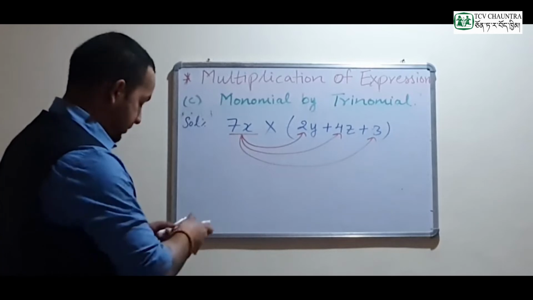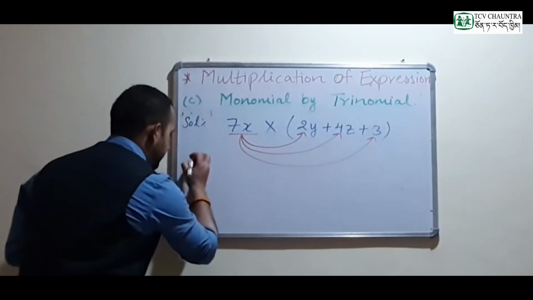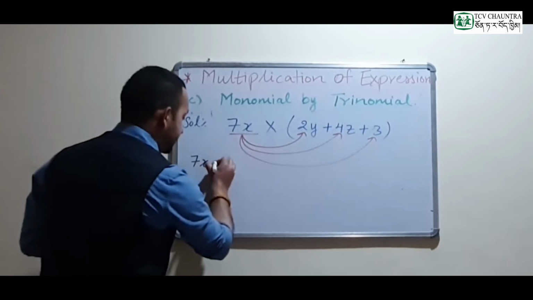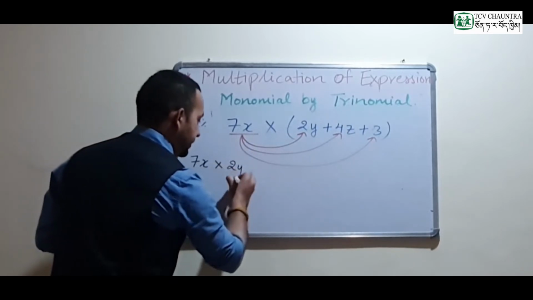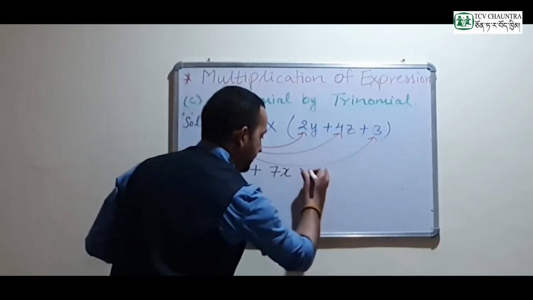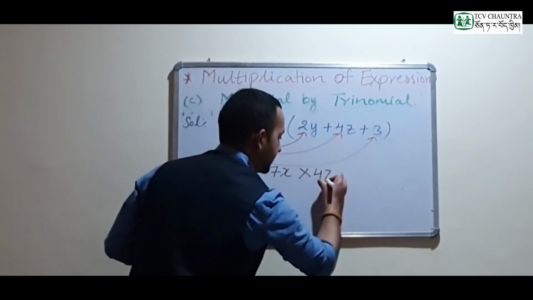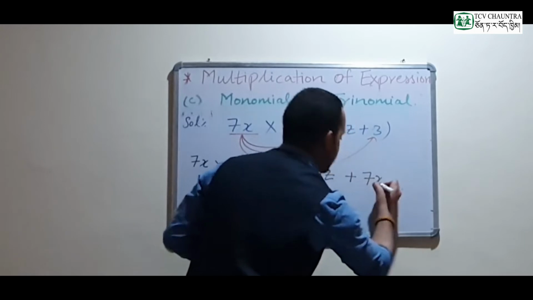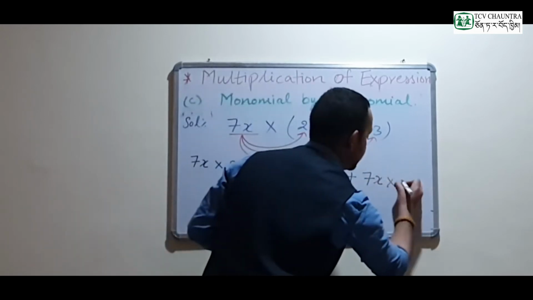Distributive property. So 7x first multiplies with the 2y plus, then 7x multiply with the 4z plus 7x will multiply with the 3.